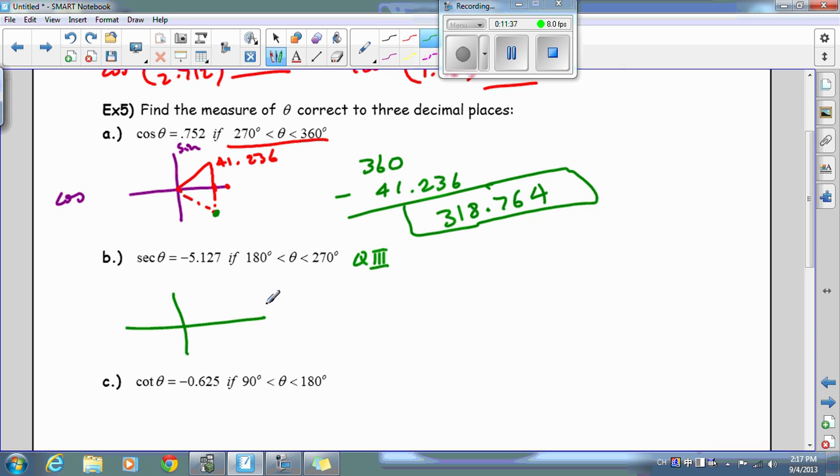Now, secant is related to the cosine, so I will go ahead and draw another one of this nice triangle. If it's related to the cosine, most likely I'm looking for something here. Let's find it using our calculator, and this is what we will type: cosine inverse of 1 over negative 5.127.